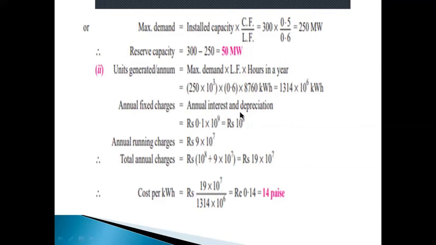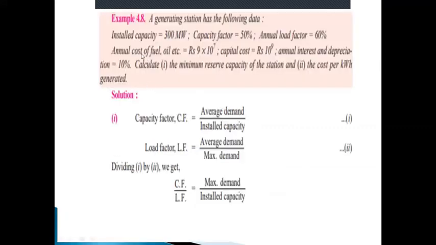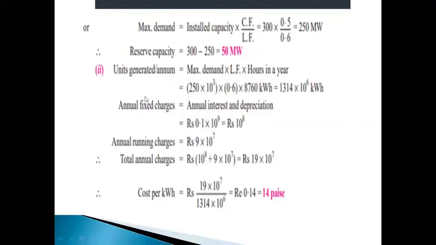With respect to interest and depreciation, this is considered for fixed charges, whereas cost of fuel oil will be considered for the running charges. So now first let us calculate the total generated per annum, because to calculate cost per kilowatt hour, we should know the total units generated, or total kilowatt hours generated, per annum.